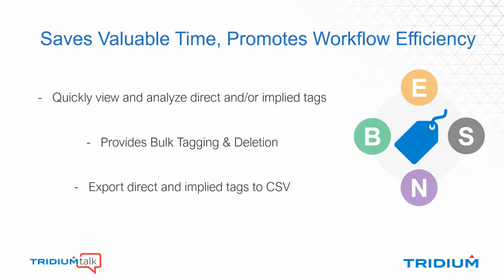I mean, that's critical because, when you're setting up tag rules, it's important to get that validation that what I'm doing or how I program that tag dictionary, I'm getting the intended results.